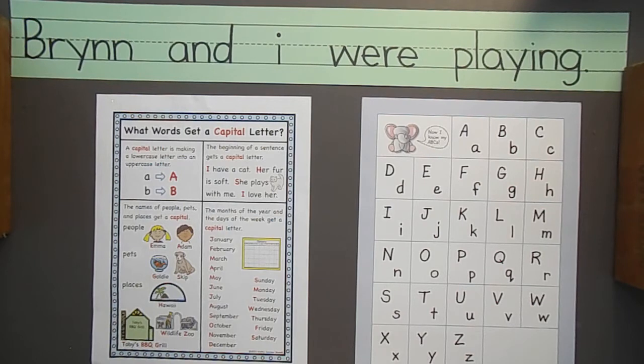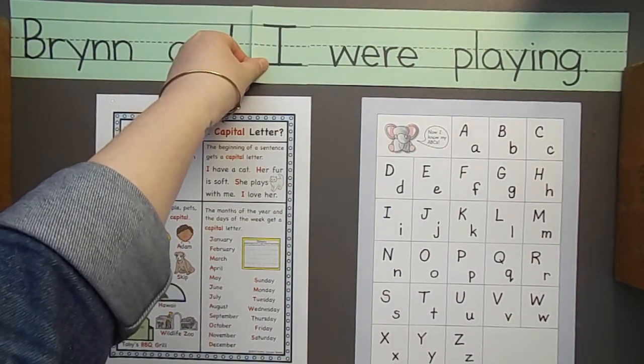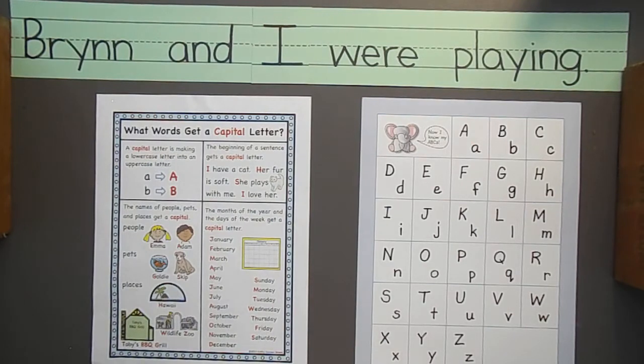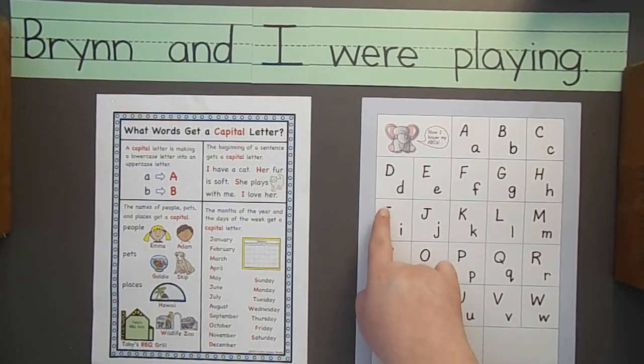Here's the tricky thing. There is one rule about words, and that is that the word I is always capitalized in your sentence. We never use the lowercase I when you're using it on its own. It's always a capital I.